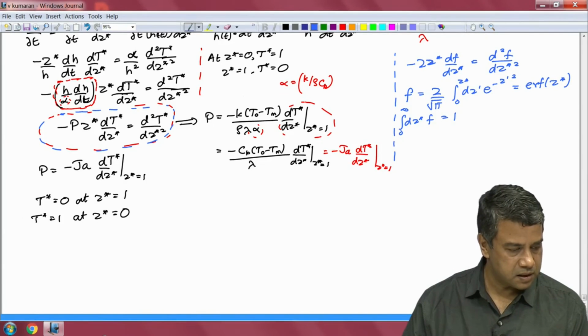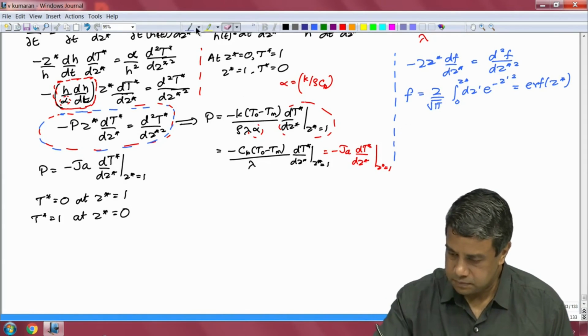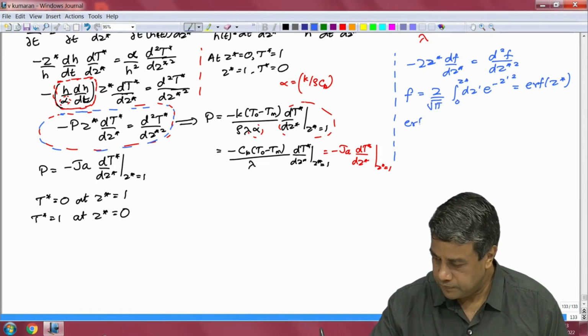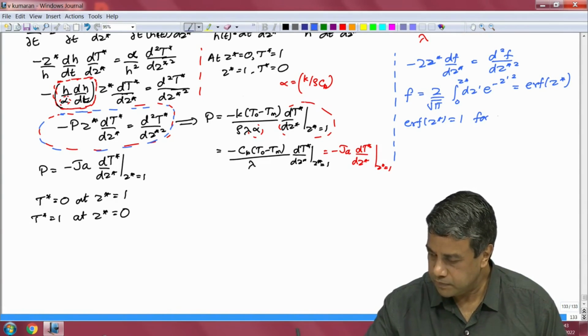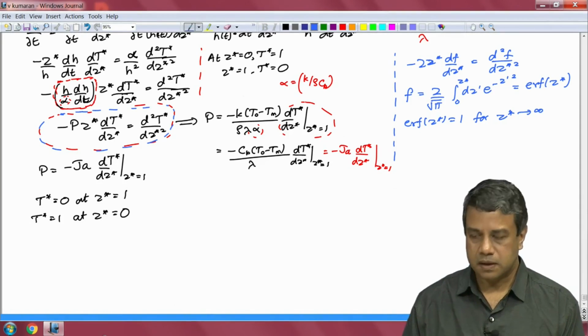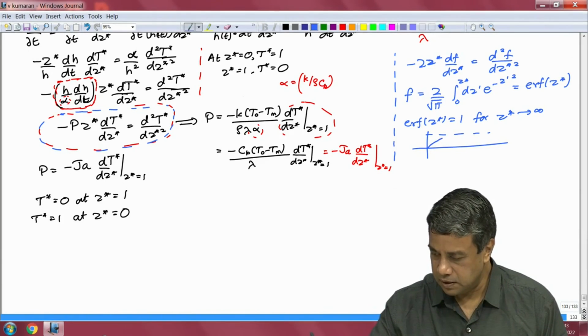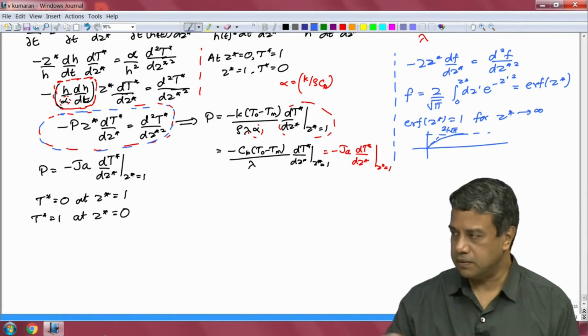And we also had the derivative. And we had the functional form, it went to 1 far away, and the slope at this point was 2 by root pi. We had discussed this earlier.